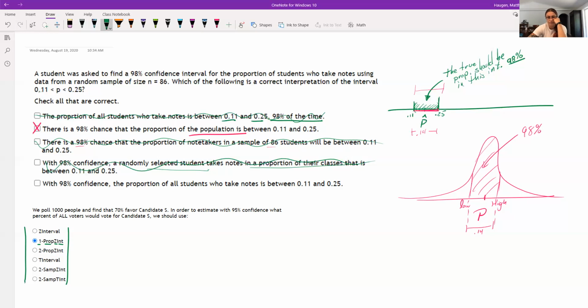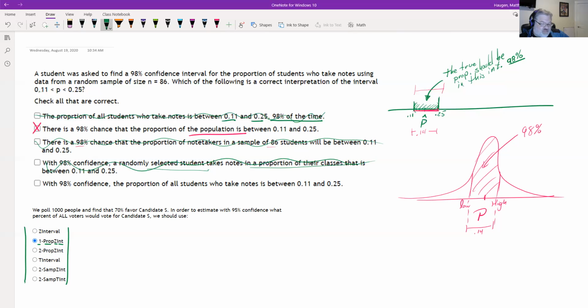Well, I don't know. I thought of something else, but maybe I'm wrong. So it's just a difference between proportion of the population and proportion of all students. Yeah, it's because it says all students.